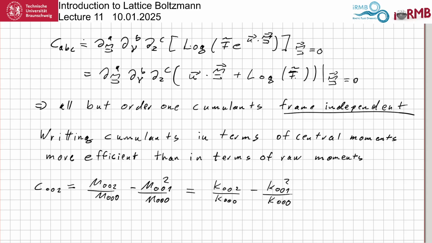Why can we simplify this? Because by definition, this thing is 0. This means that we can always eliminate these as being 0, and what we end up with is K002. So it's basically the same thing as the central moment, just normalized.